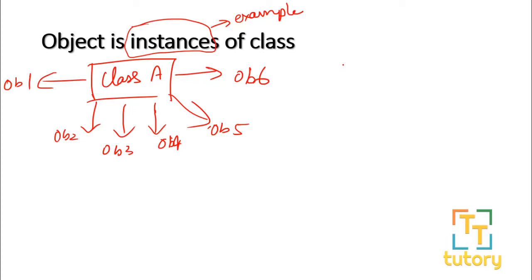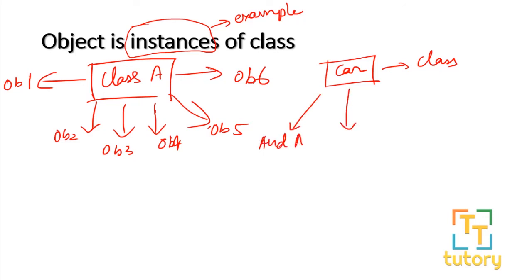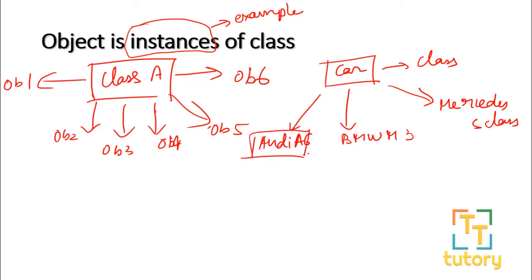Let me give you an example. Suppose we consider car as a class. Now when we consider car as a class, suppose we are creating cars like Audi A6, or BMW M3, or Mercedes S-Class. All these, Audi A6, BMW and Mercedes, are examples of a car, right?